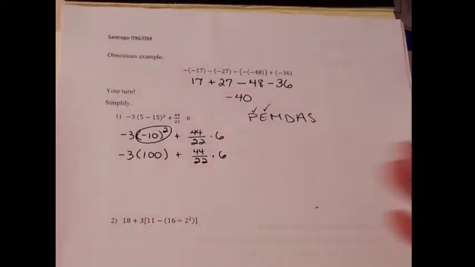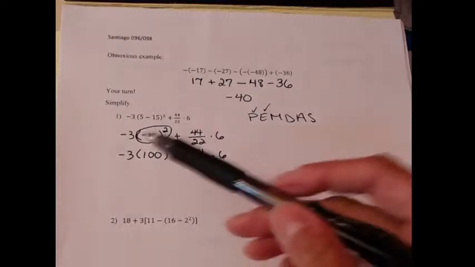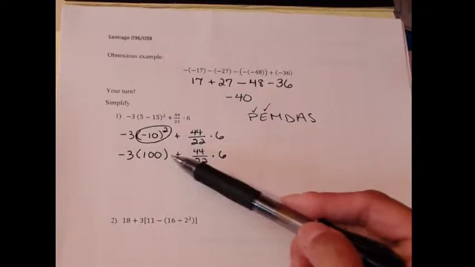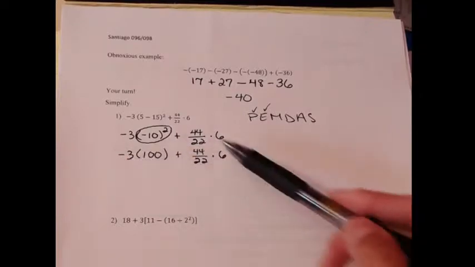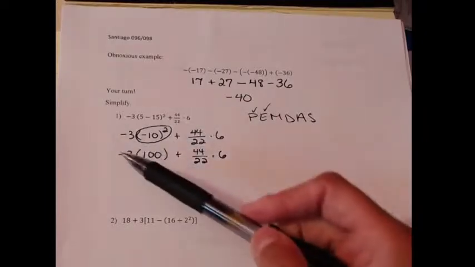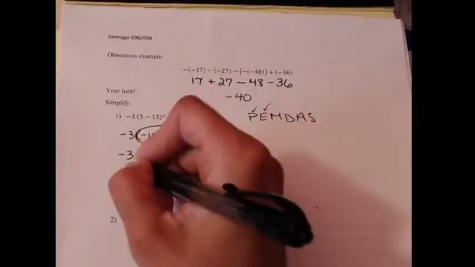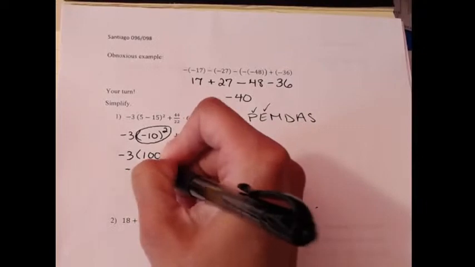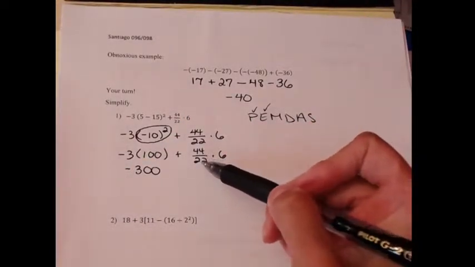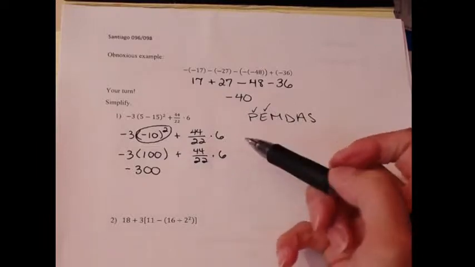Next, you know that we have multiplication and division depending on what we see first. So notice here we have negative 3 times 100 plus. This plus sign separates the first term and the second term of this expression. So what I can do is I can say, well, negative 3 times 100 is a negative 300. And I can also say 44 divided by 22 is 2 times 6 is 12.